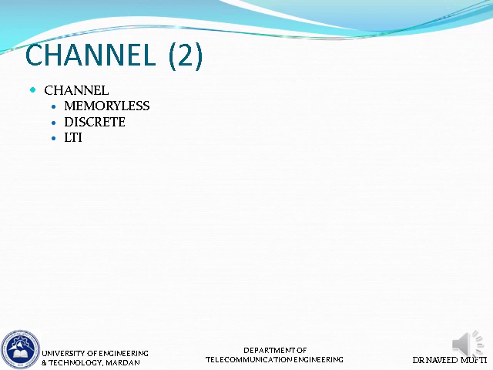So a channel can be memoryless, a channel can be discrete, a channel can be LTI, and then a channel can be band limited. Band limited, we have discussed this earlier, means that the channel behaves like a filter. So basically it's a band limited system. It will pass a certain range of frequencies without much distortion or attenuation, but for other ranges of frequencies there will be attenuation.